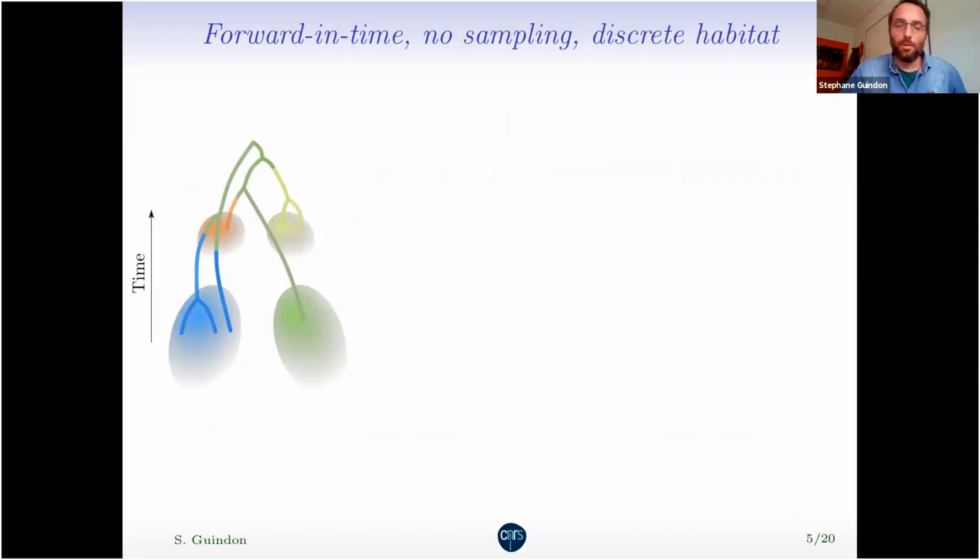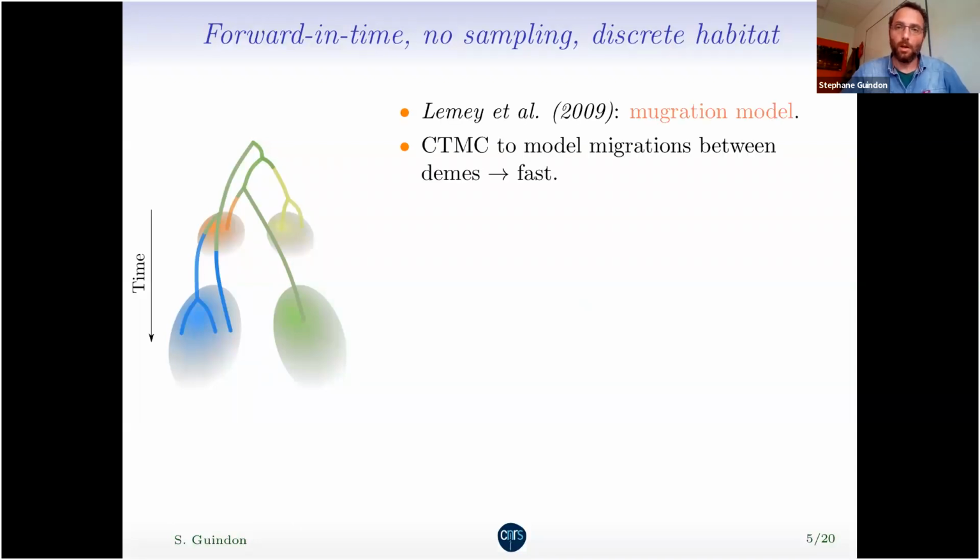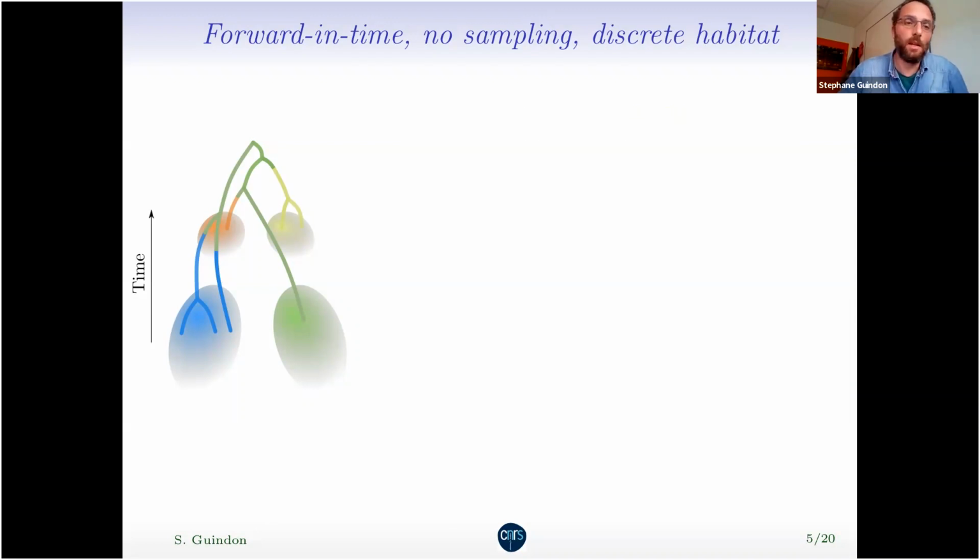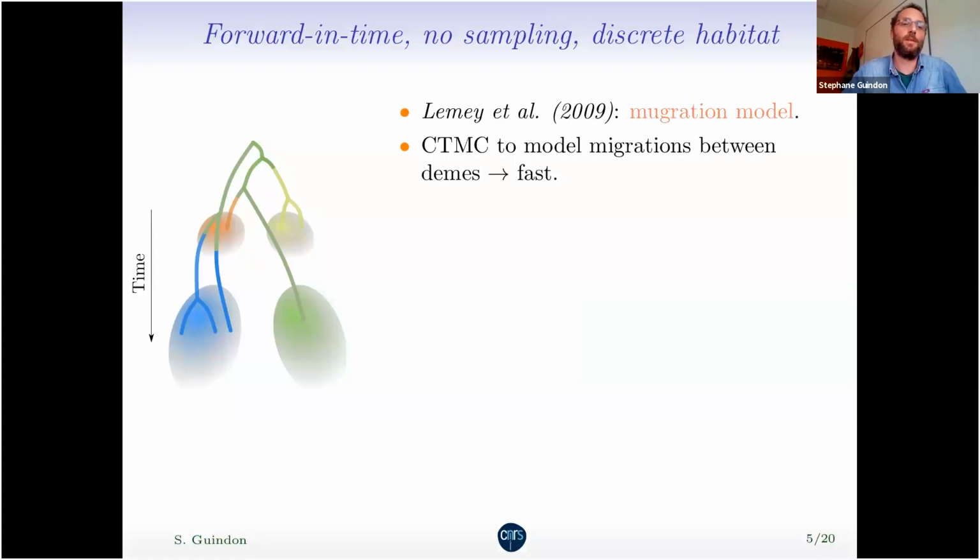Now, if we move on to the next two models, the migration model proposed by Lemey and collaborators in 2009. So here we have a continuous time Markov chain to describe how genes are going to jump across different demes. The setting is fairly similar to the structured coalescent, and what we just did here is that we flipped the direction of time around.